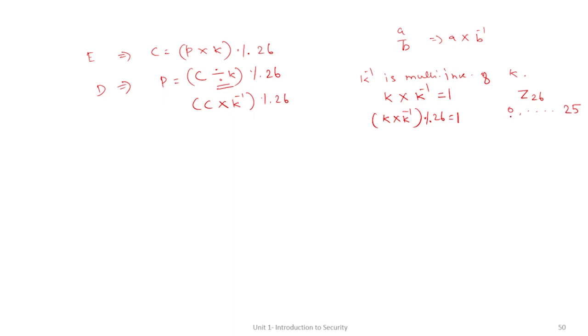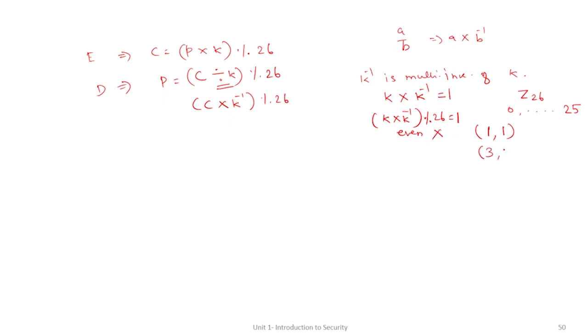So 0 has no multiplicative inverse. If you take 1, 1 into 1, 1 mod 26, is 1. So the multiplicative inverse of 1 is the same, 1. For even numbers, there is no possibility of getting the remainder 1 in Z26. So there is no multiplicative inverse for even values.